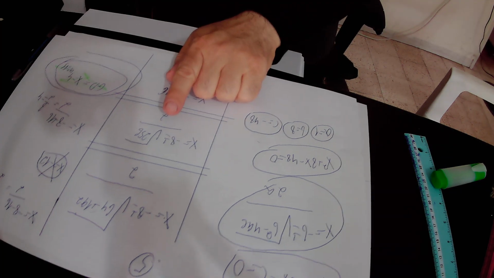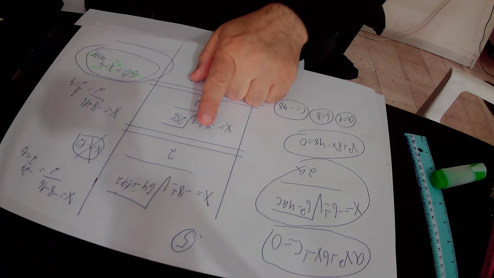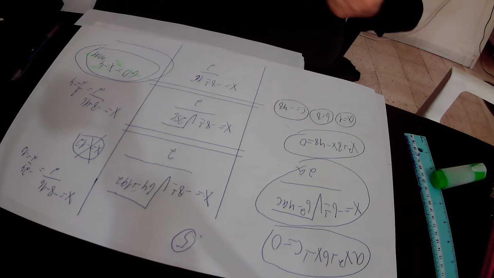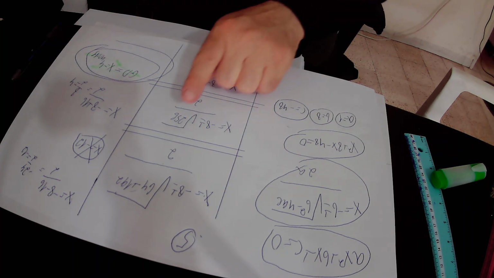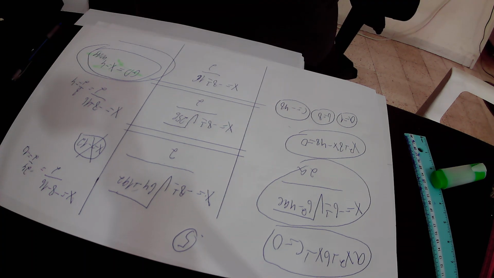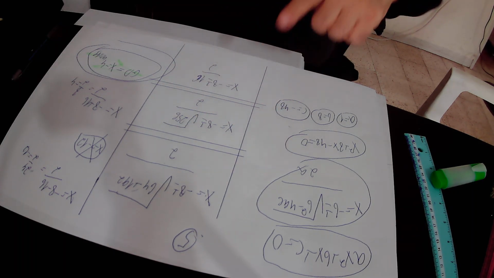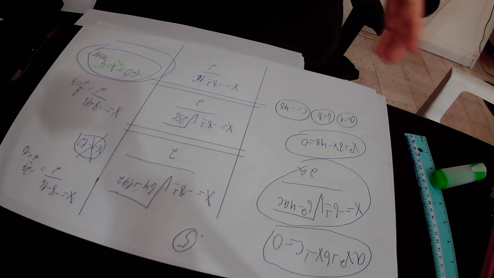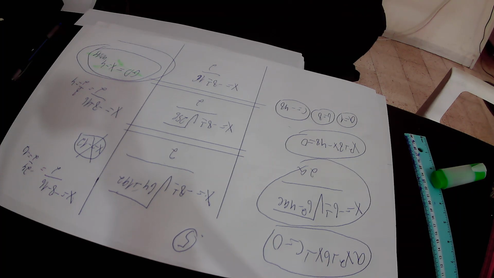We did it, and we found that x equals minus b. b is 8, therefore minus b is minus 8, plus or minus the square root of b squared. b squared is 8 squared, that is 64, minus 4 times a, which is 1, times c. c is minus 48, and minus 4 times minus 48 is plus 192, divided by 2a. a is 1, so 2a is 2.